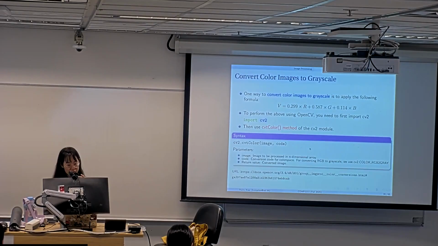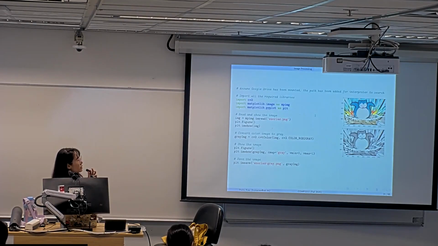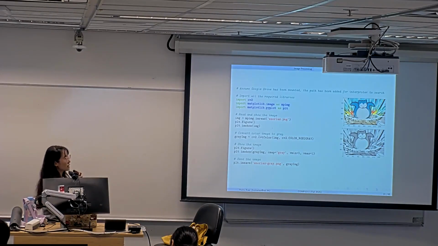So let's see the effects. So again, we already mounted our Google Drive. Just suppose everything is done, the path is correct, and we read our snowlegs.png and show it here. So this is our PNG, snowlegs.png. We have this polygon here. And after that, we can convert the color image to gray by using cv2.